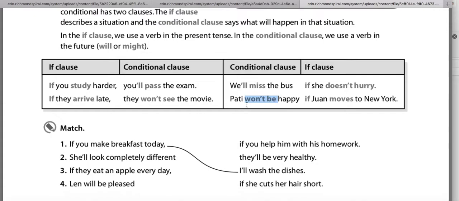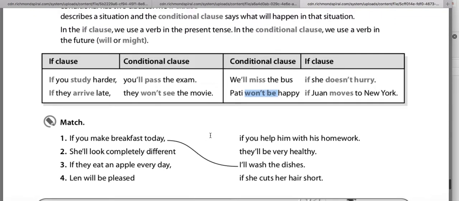Okay, good, guys. Now let's check the exercise that I have for you. This is the exercise from the last class, so I think that you already know it. So let's check and complete. Let's match the sentence with the answer. Okay, if you make breakfast today, I'll wash the dishes. And she'll look completely different.